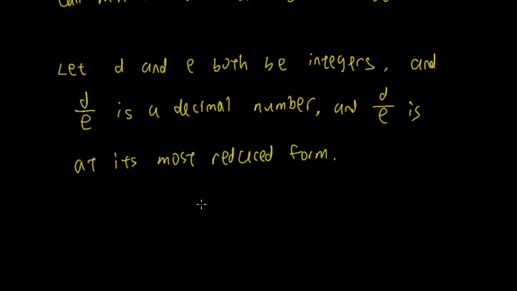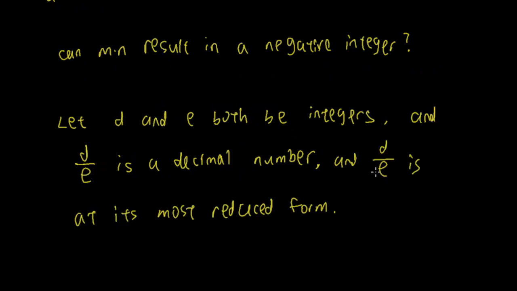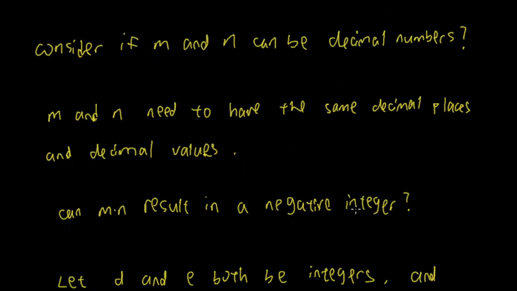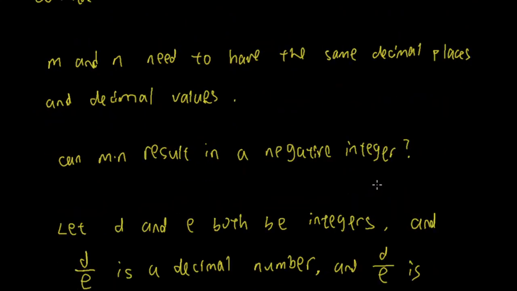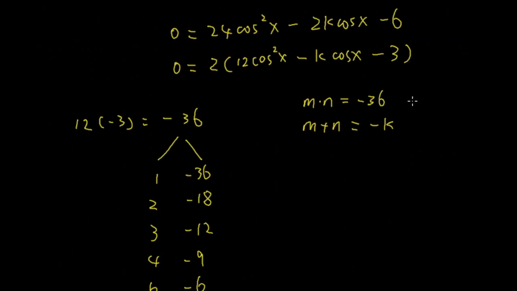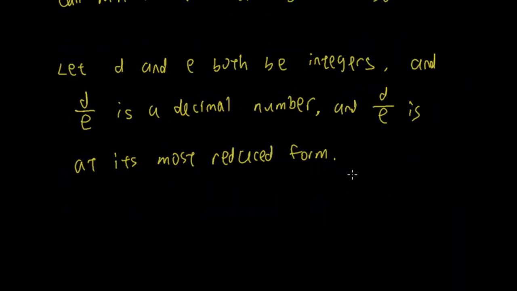Then, right, because b over e is a decimal number, and I need to have two numbers with the same decimal value and same decimal places to multiply together and see if it can get me an integer, right? So a better demonstration is to square b over e, right? So b over e squared, and that's equal to b over e times b over e, right? Because b over e has a decimal value, if I square it, obviously it's the same decimal place and same decimal value multiplying itself, right?